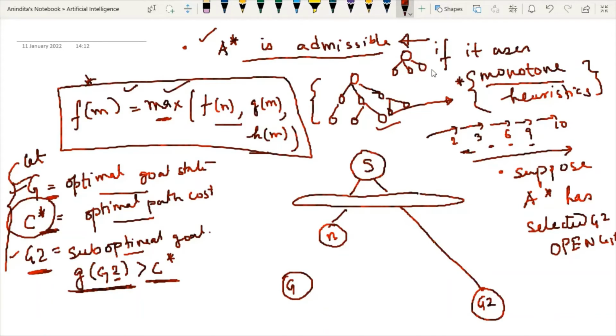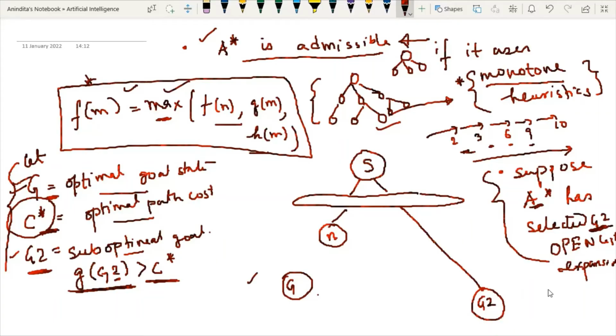Now, for some reason, we have to think that apart from selecting the goal node, the A star algorithm has selected the suboptimal goal G2 for the expansion. Now see what will happen. Because our target is not G2, our target is G. If we can reach G by using the A star algorithm, then only we can state that it is admissible. But we are assuming that it is not selecting G, it is selecting G2.